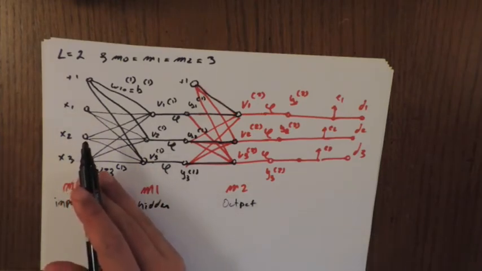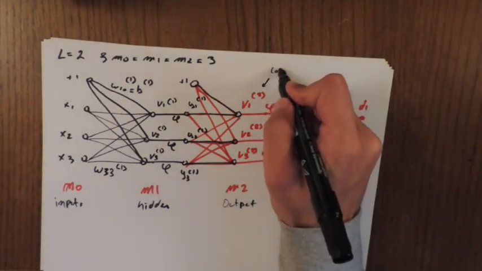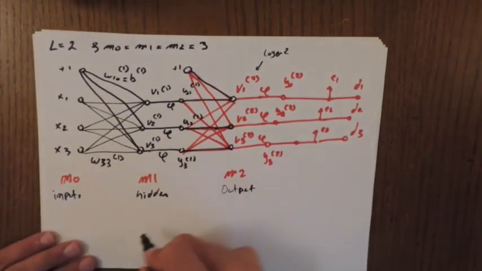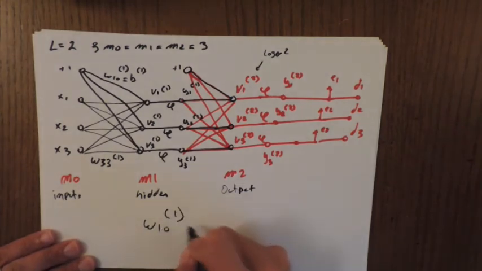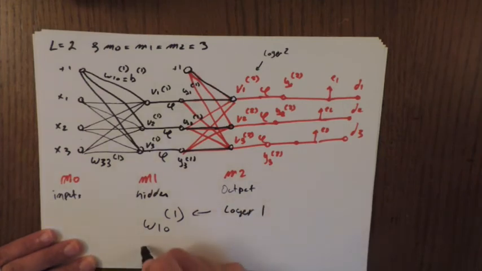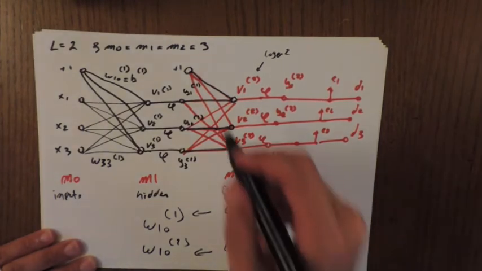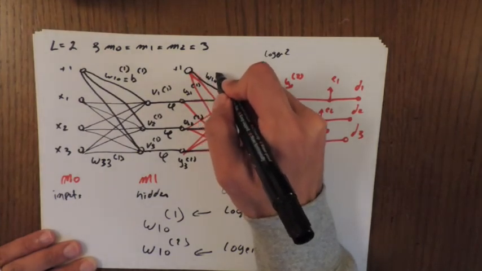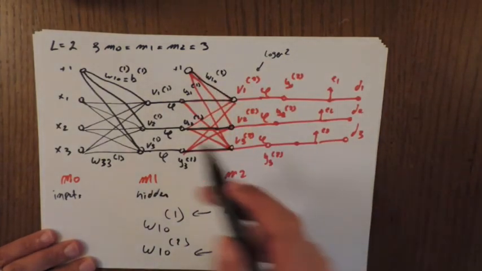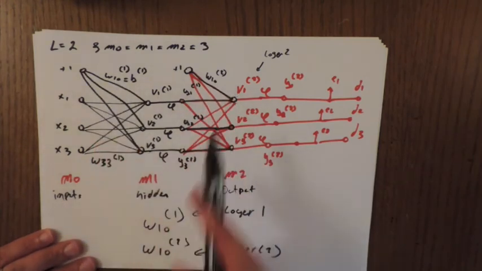As we advance to the second layer, we increase the superscript to be 2, which indicates this is layer 2. So when we say W10 of 1, we mean this is the weight in layer 1. We can have another W10 of 2, which means this comes from layer 2. So we have two W10s, but this is for layer 1 and this is for layer 2.